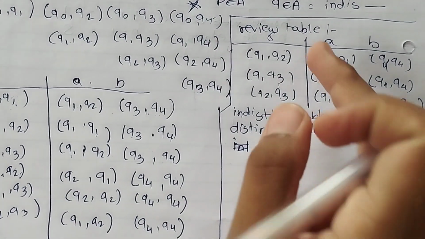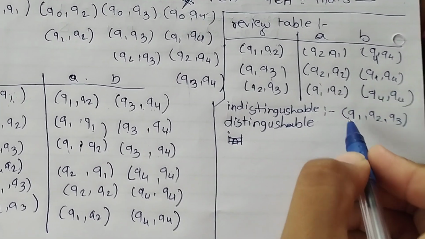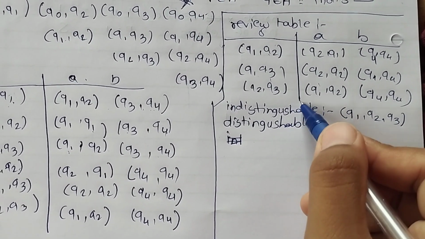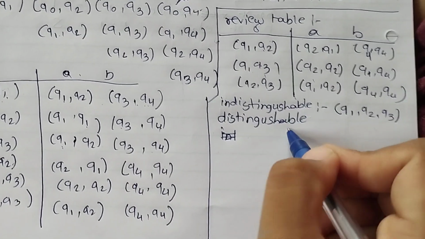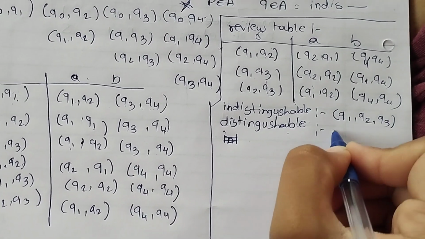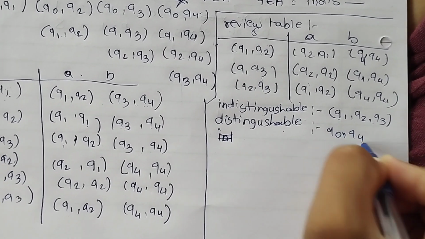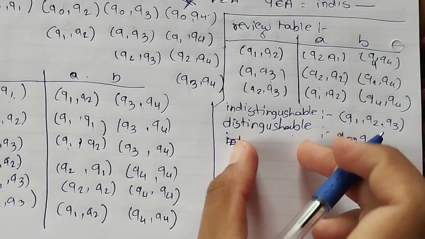But now the common is present, so we write Q1 Q2 Q3 together. And the states not present in indistinguishable are the distinguishable states. So the distinguishable states are Q0 and Q4, and this is the indistinguishable group.